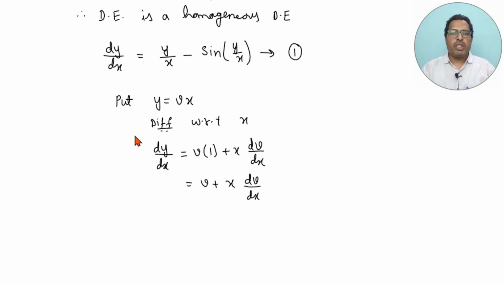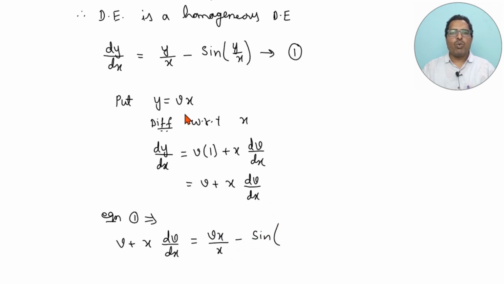Now we can replace the value of dy by dx in equation number 1. So v plus x into dv by dx is equal to vx divided by x minus sine of vx by x.